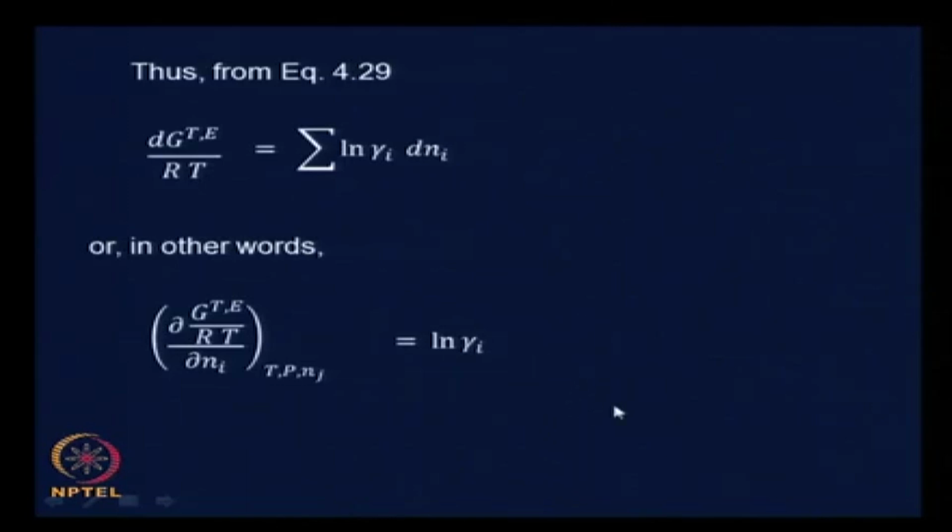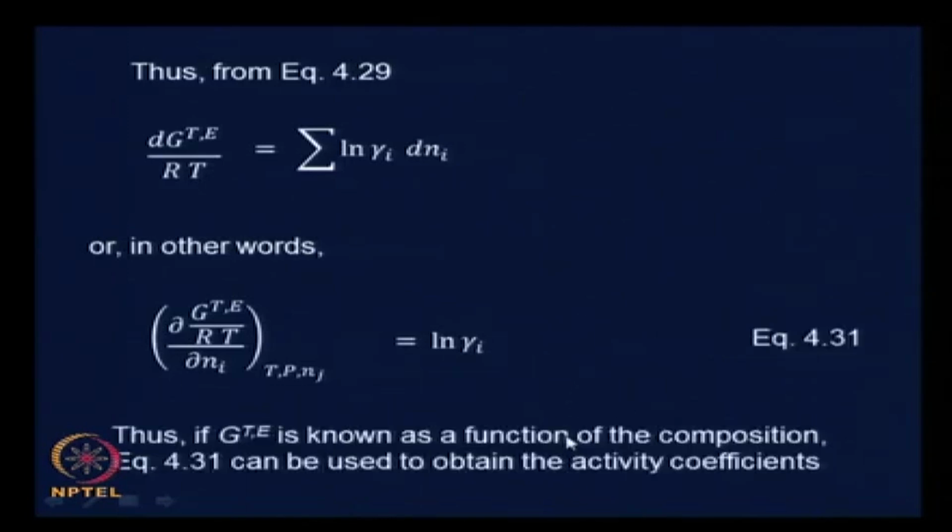We had used this as the basis to come up with models, or at least to see the models for obtaining activity coefficients if GE by RT is known as a function of composition.